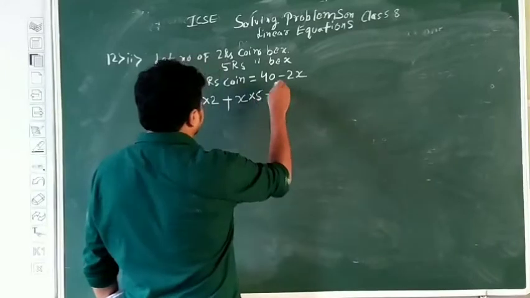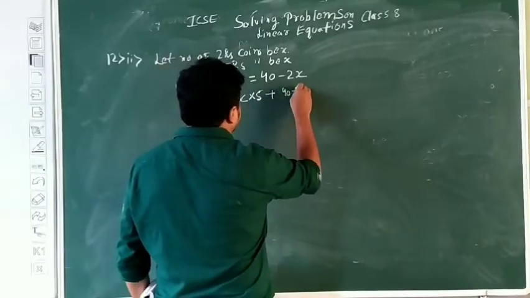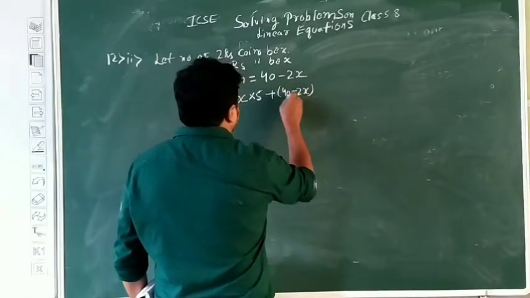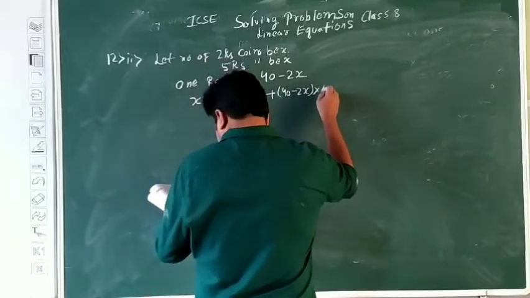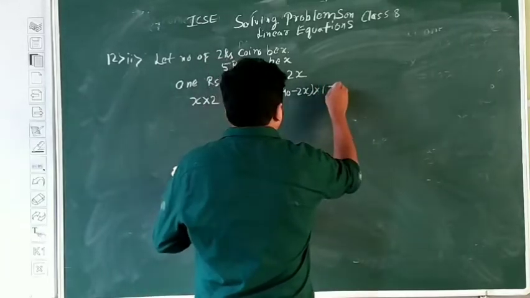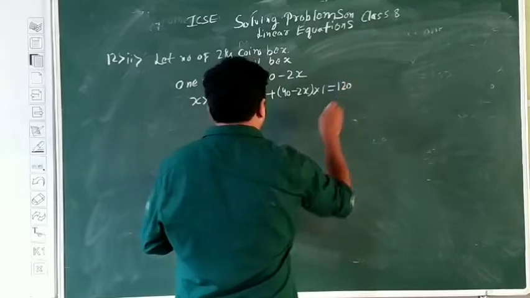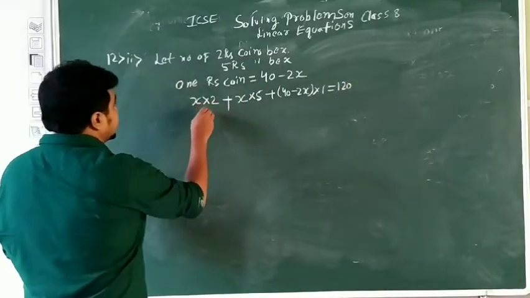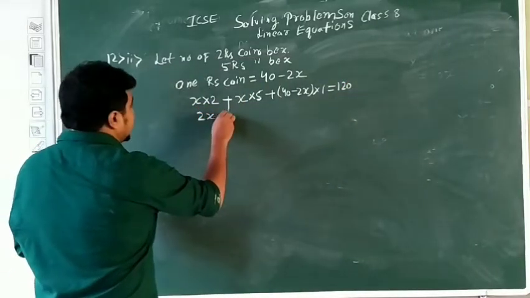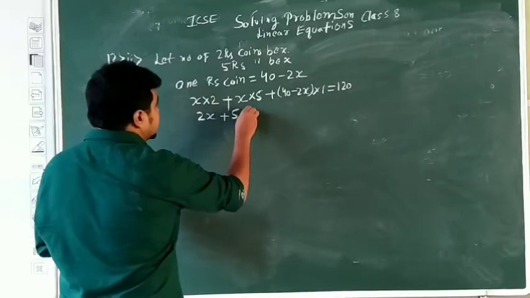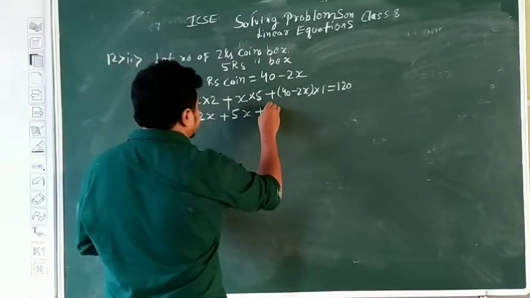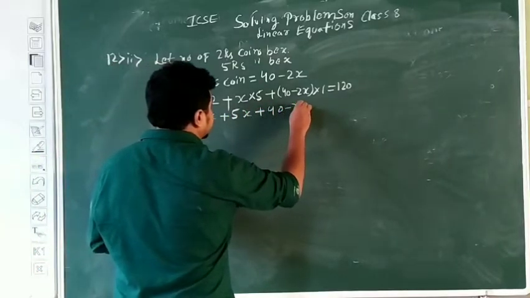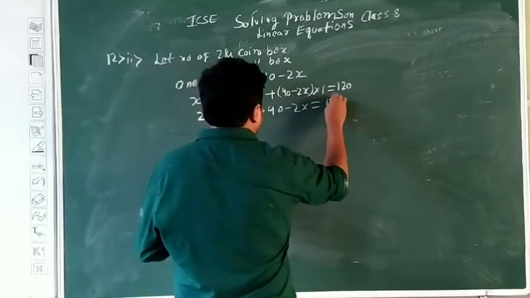So from here we are getting 40 minus 2x into 1 will be equal to 120. So we get 2x plus 5x plus 40 minus 2x equal to 120.